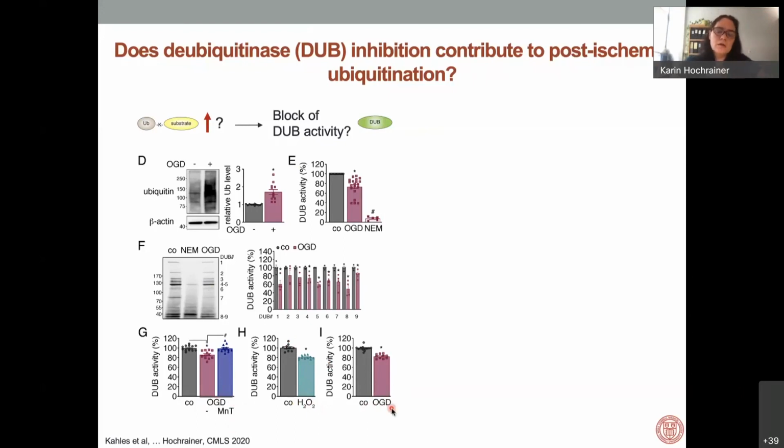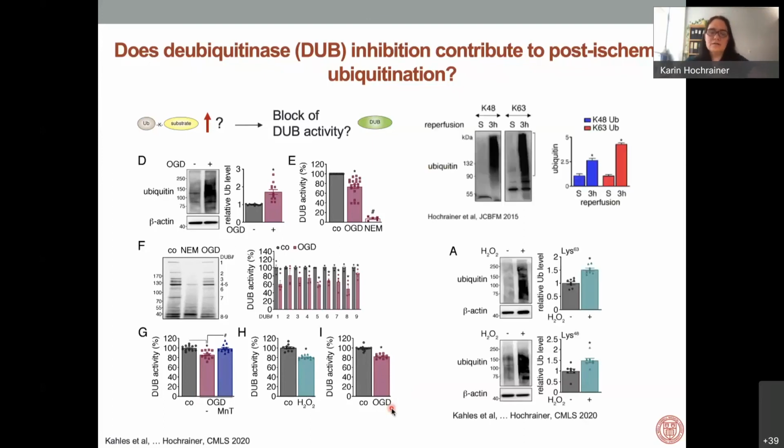So it looks like free radicals, which are there in plenty after ischemia, affect deubiquitinase activity.